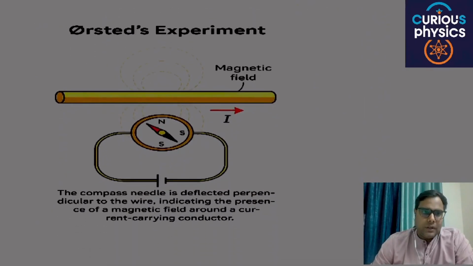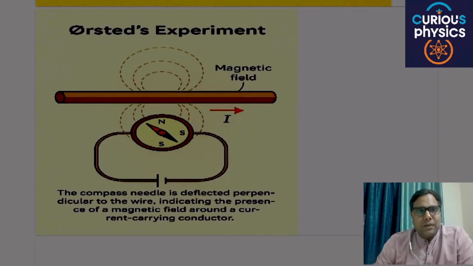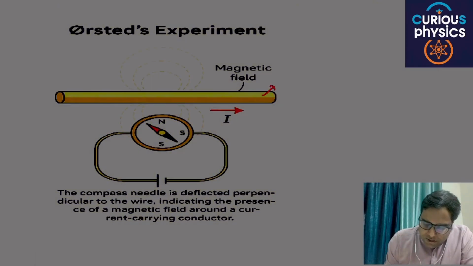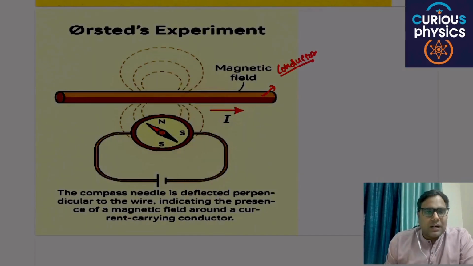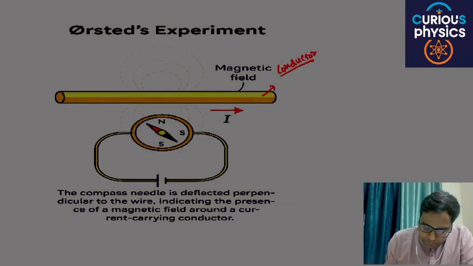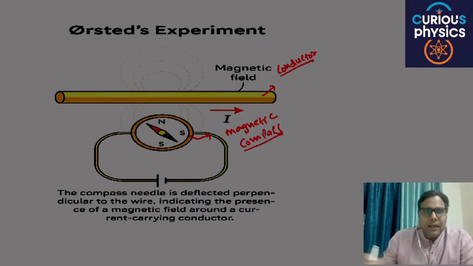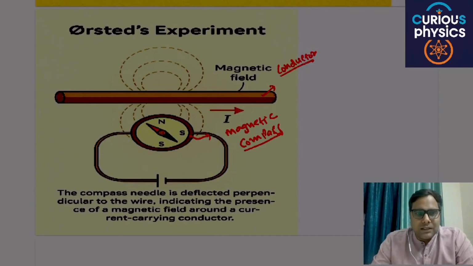The chapter starts with Oersted's experiment. In this experiment, there is a conductor placed nearby a magnetic needle, or magnetic compass. The magnetic compass is used to find directions, and it changes its position when placed in a magnetic field.